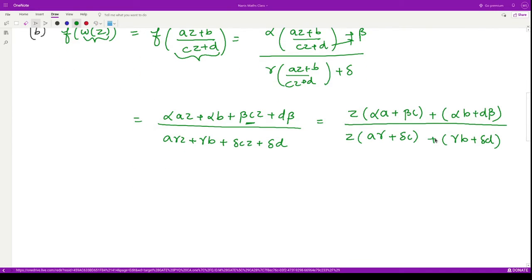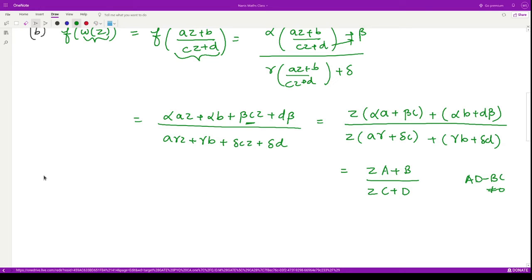Now this transformation would be a bilinear transformation. If I write this transformation in the form z into A plus B divided by z into C plus D, then AD minus BC should not be equal to 0.